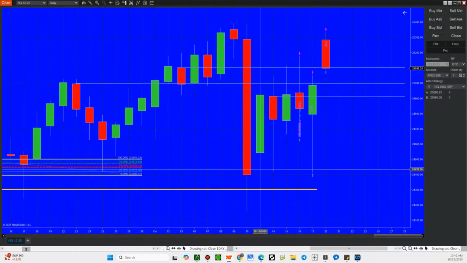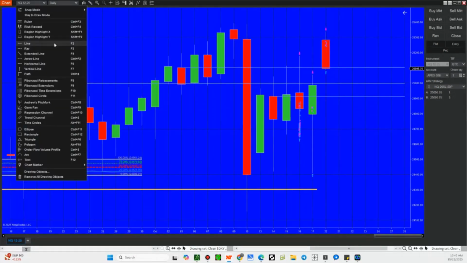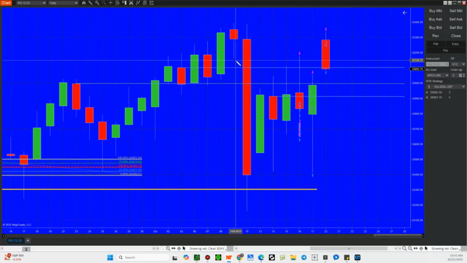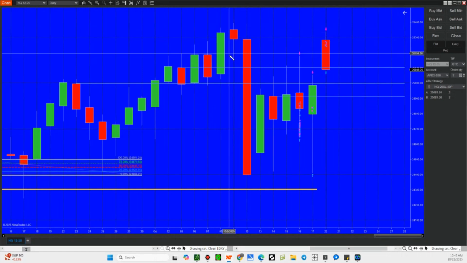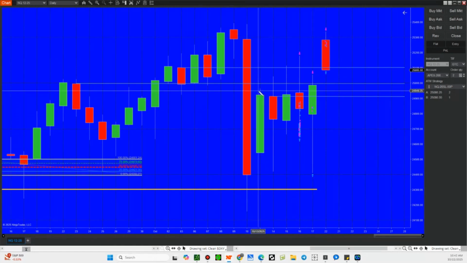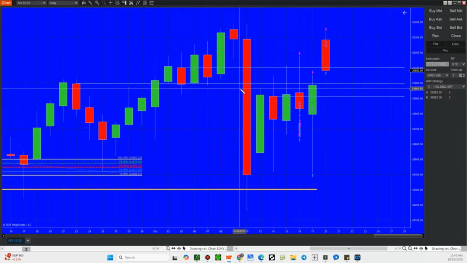And then the next thing I do is I identify any potential gaps. The gap is the low of that candle and then the high of that candle. As you can see, this one right here.